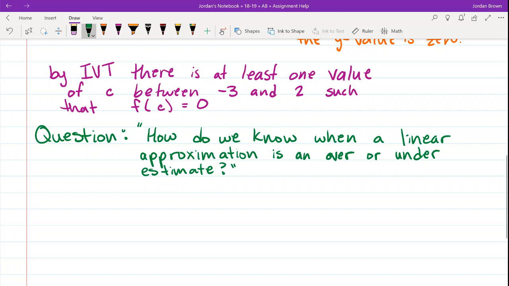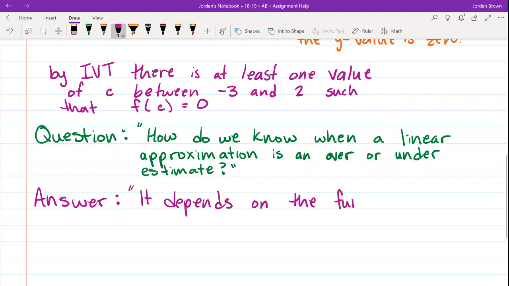Okay. My answer is that it depends on the function's concavity. Okay?